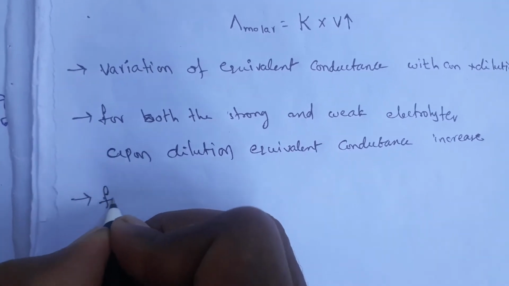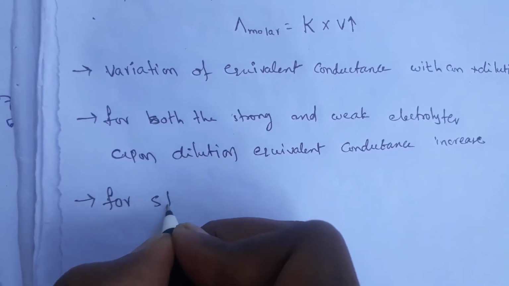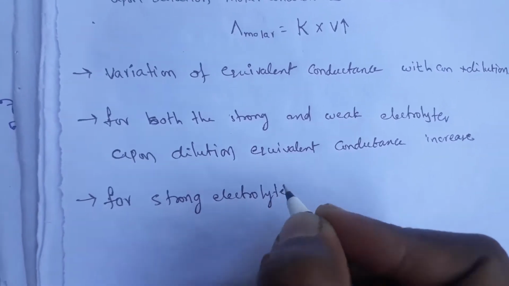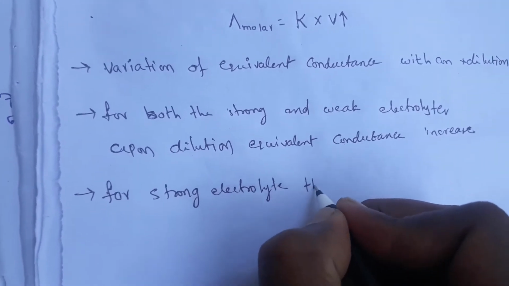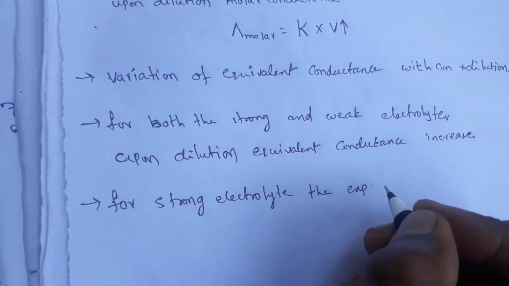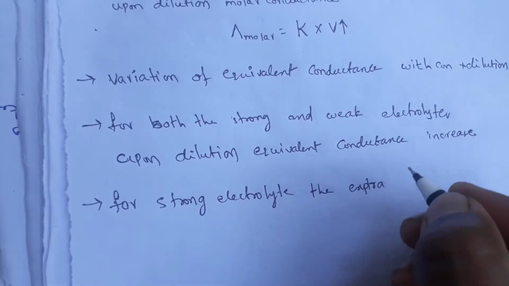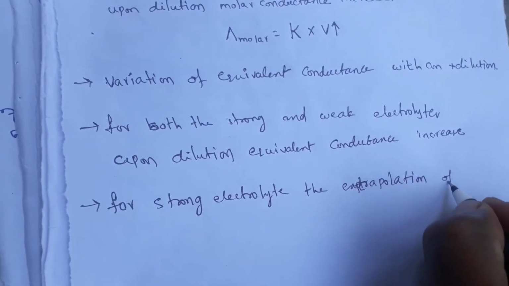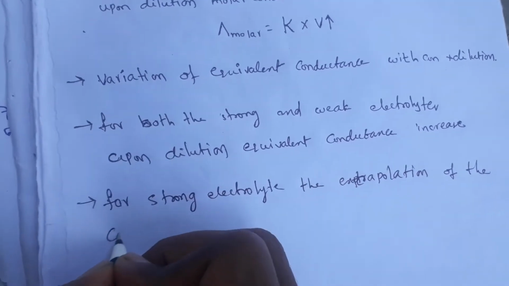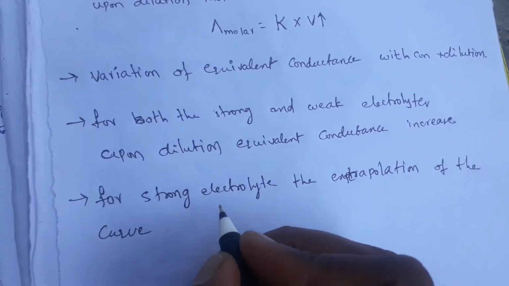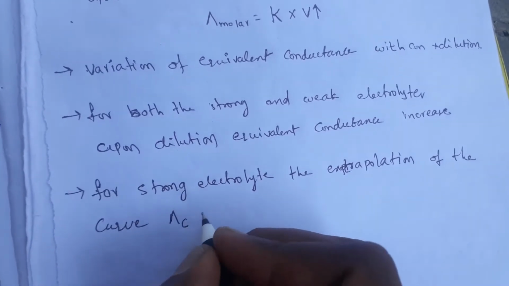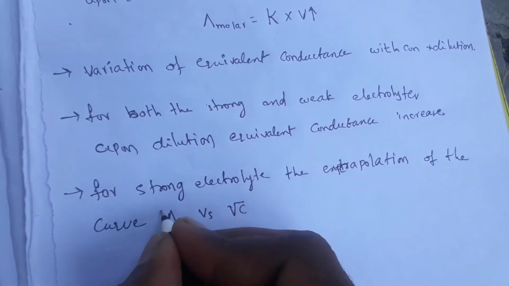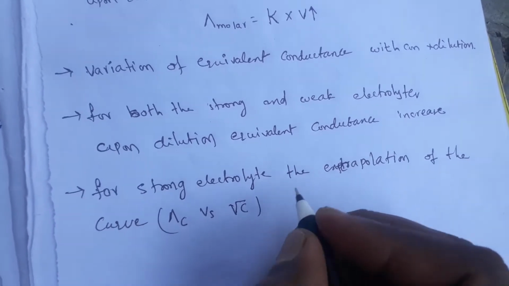So when we plot a graph for strong electrolytes, the extrapolation of the curve, that means if you draw the graph between equivalent conductance versus root C, towards the y-axis gives the infinite dilution.